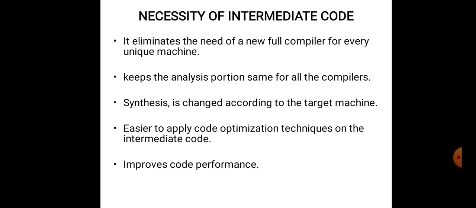That means if you are not generating an intermediate code, then every new computer having a new target architecture requires a new full compiler to regenerate the target code, because there will be no compatibility between the previously generated target code and the current one, since two machines have different target architectures. So to eliminate this problem, we need to generate an intermediate code. That is the first reason.